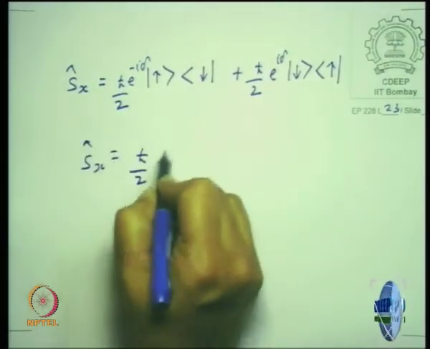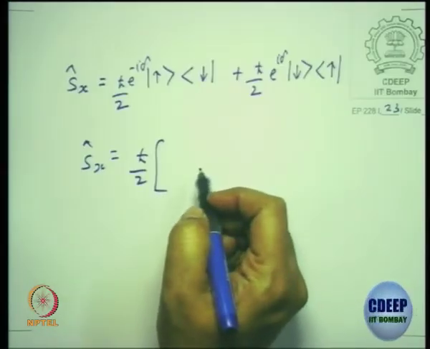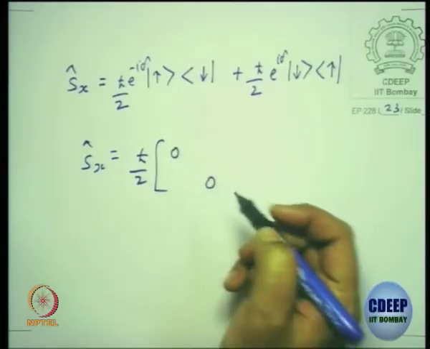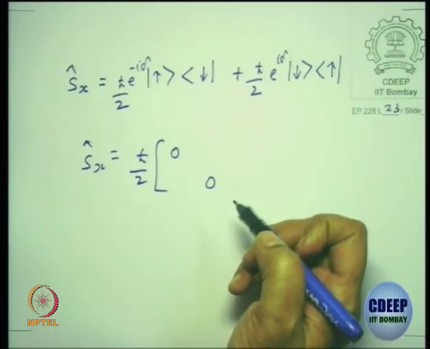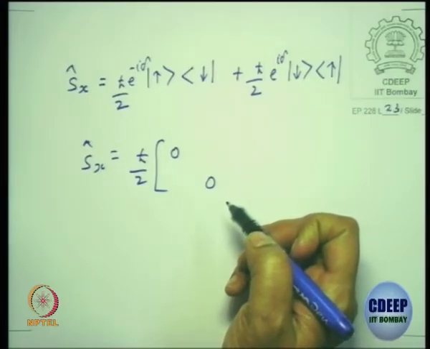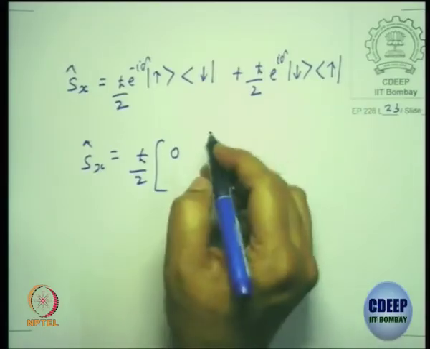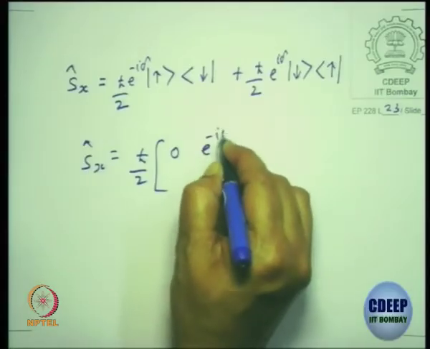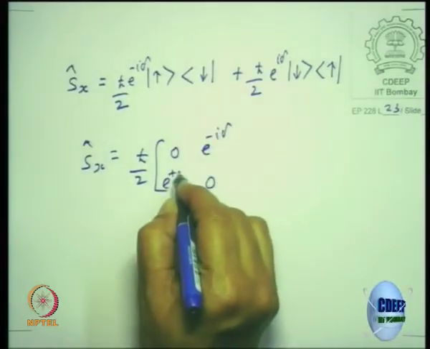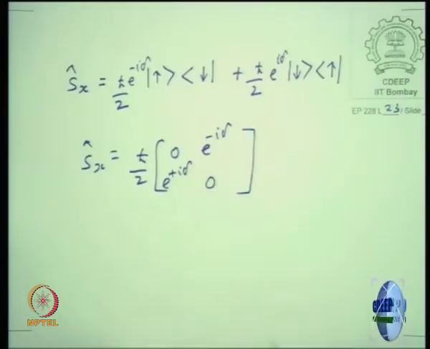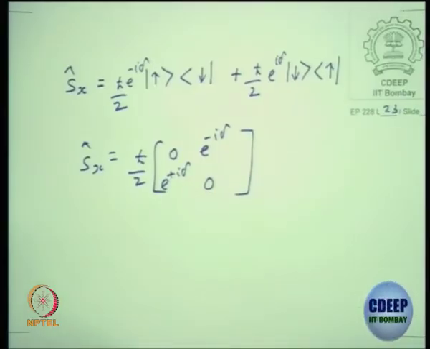H cross by 2, I will take it out. Diagonal is 0, right? Off diagonal is the other way around or this way? So again traceless.